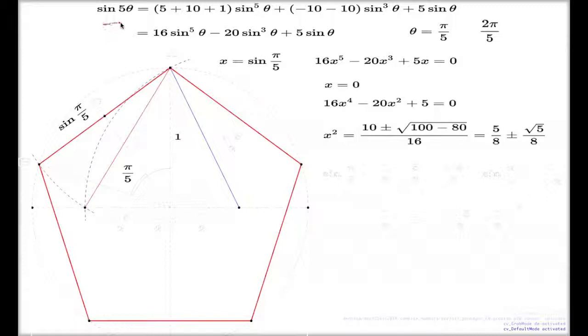The sine of 5 times this value will be 0, so the sine of this angle will also be a solution to this equation. So in fact, if you take the roots of these two values, one of them will be sine of pi on 5, and the other one will be sine of 2 pi on 5. And because sine of this one is lower than sine of this one, you have to choose the one with the minus for pi on 5. And the one with the plus will go for 2 pi on 5.